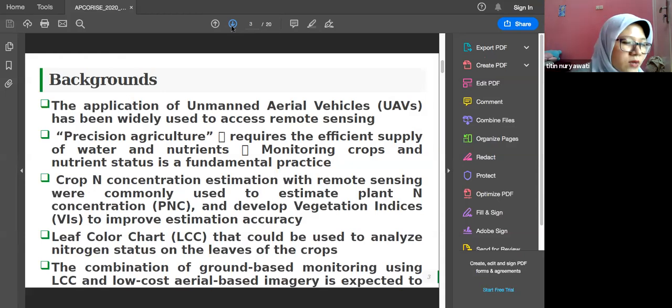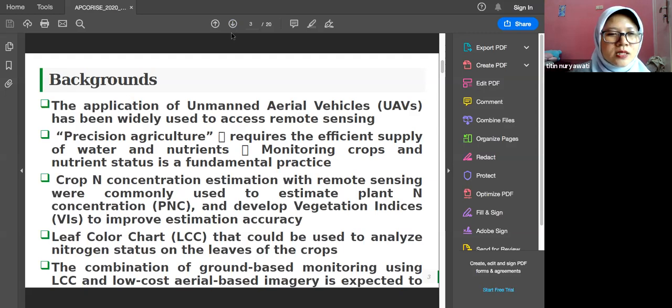We in the Ministry of Agriculture always aim to get maximum production. One way is through fertilization optimization. Recently, we developed the application of unmanned aerial vehicles (UAV) with remote sensing to monitor the nitrogen content in rice plants. This is the practice of precision agriculture.